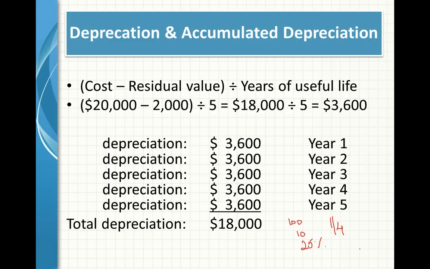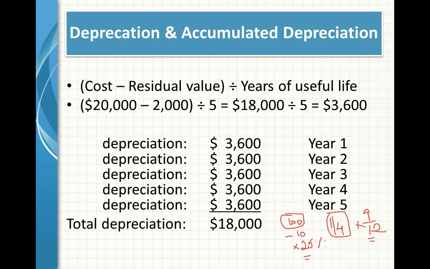16,875. That is 100,000 minus 10,000 times 25%, times 9 over 12, because it was purchased on 1st of April, so 1st of April to 31st December is 9 over 12.